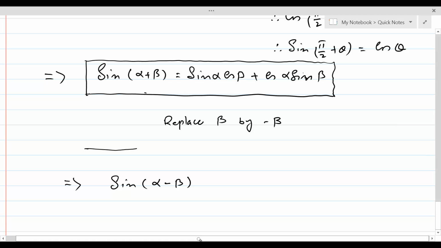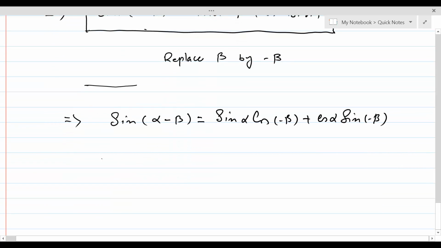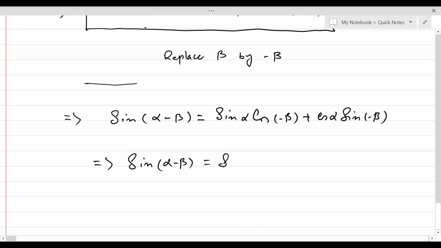This will be equal to sine of alpha cos of minus beta plus cos alpha sine of minus beta, and now this will become sine of alpha minus beta is equal to sine alpha cos beta.